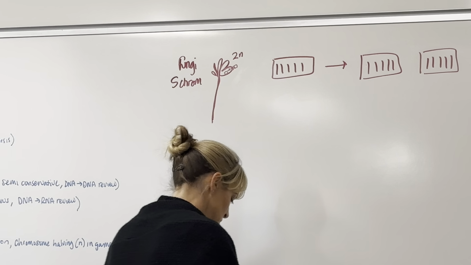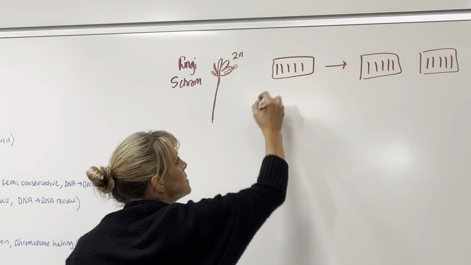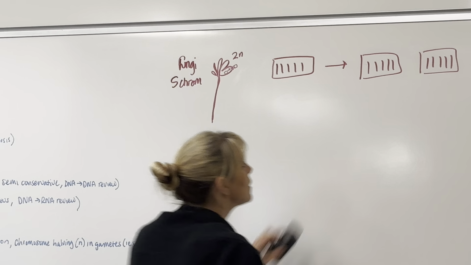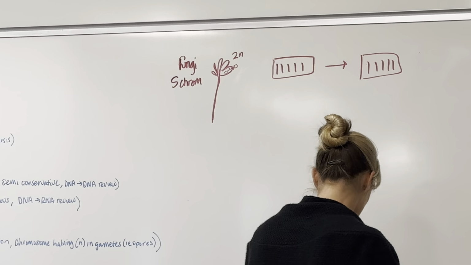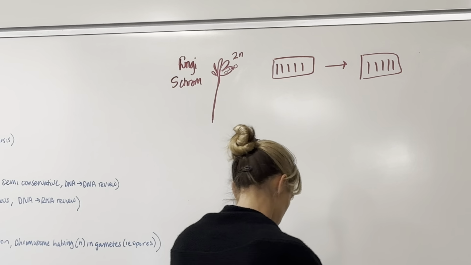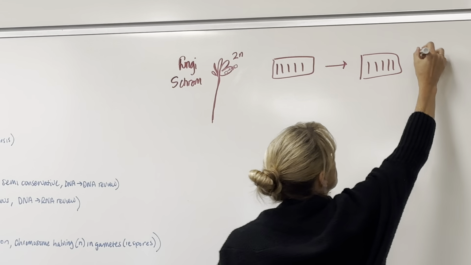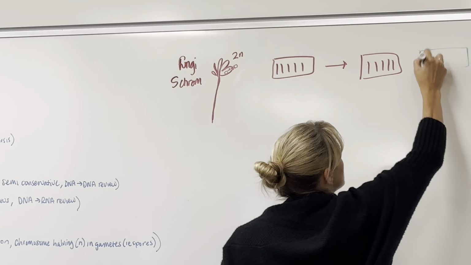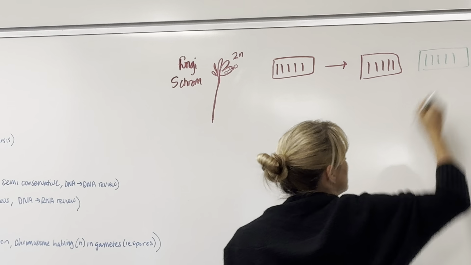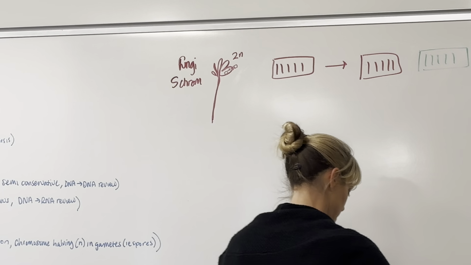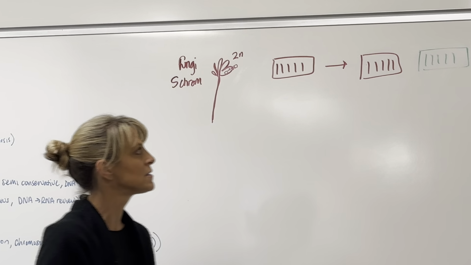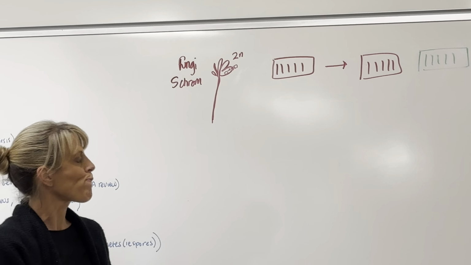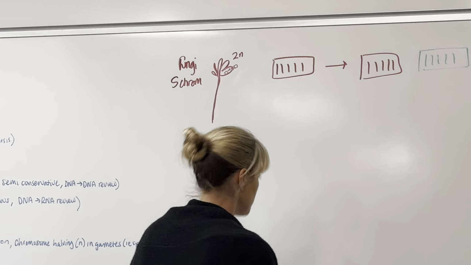So how it does that is, let me draw this one a different color. Cause that's 2N? This is the daughter. No, N is always, let me show you, let me go through that really quick.